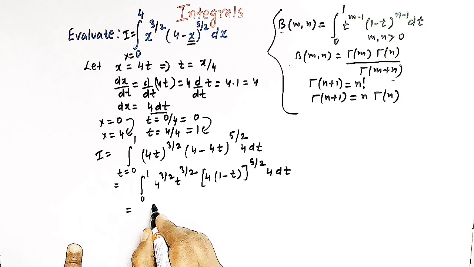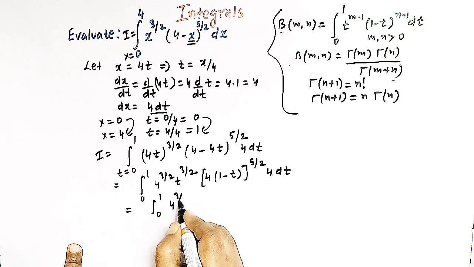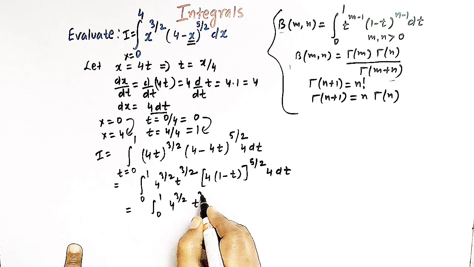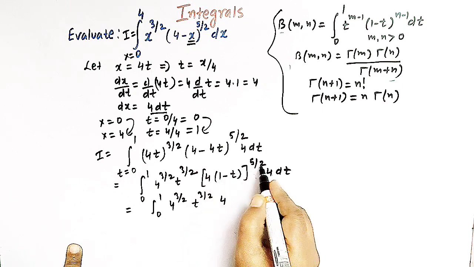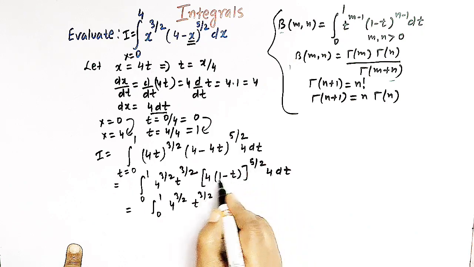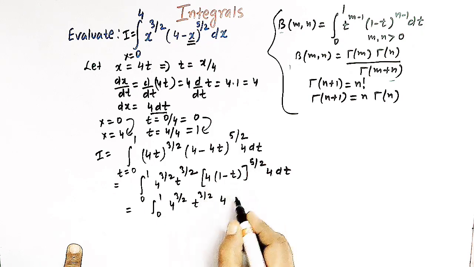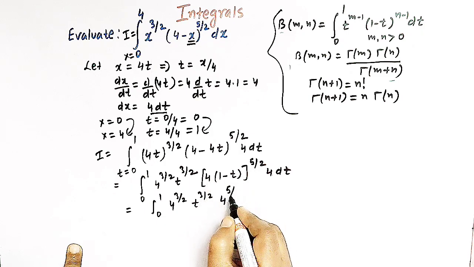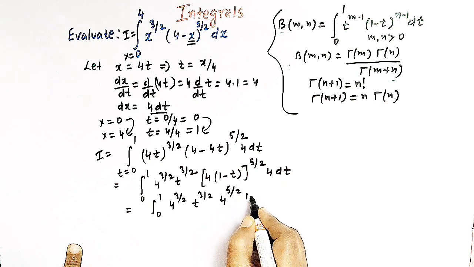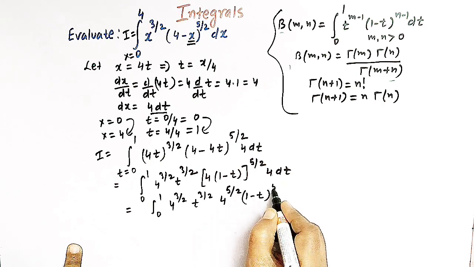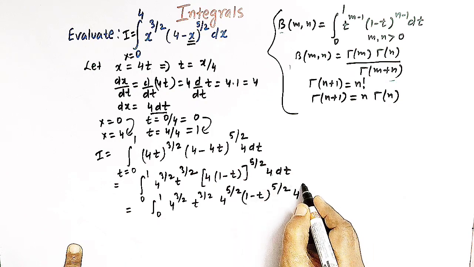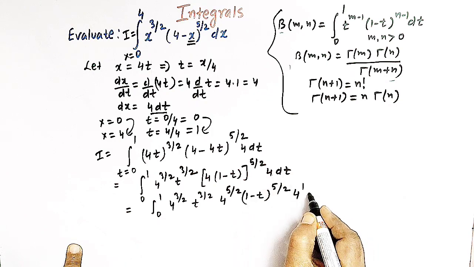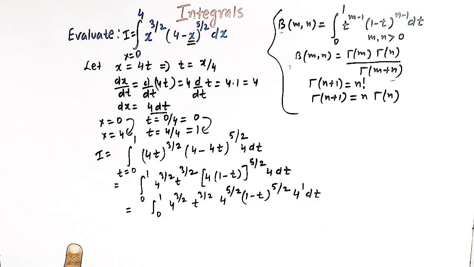So now we can write 0 to 1, 4 raised to 3 by 2, t raised to 3 by 2, and then this exponent can be distributed over 4 and 1 minus t. So here we have 4 raised to 5 by 2, 1 minus t raised to 5 over 2, and here we have 4, which can be written as 4 raised to 1, and here we have dt.